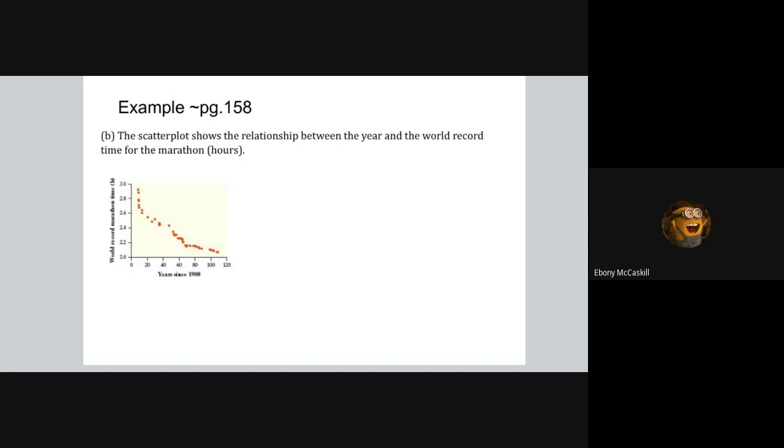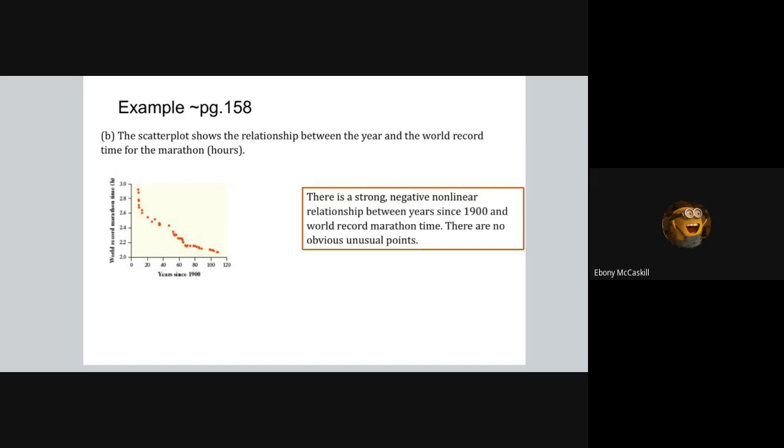Let's look at the direction. Is it positive or negative? Look at the form. Is it linear or non-linear? You don't have to tell me if it's exponential, quadratic, none of that. No, that's for Mr. Lee's class. That's their problem. Us, is it linear or is it not linear? And lastly, do you have any unusual features or clusters? Do it.